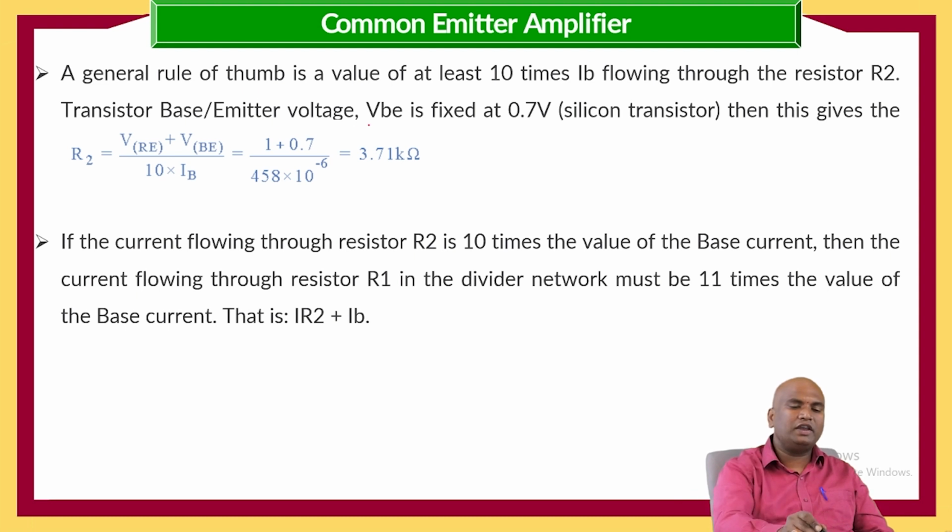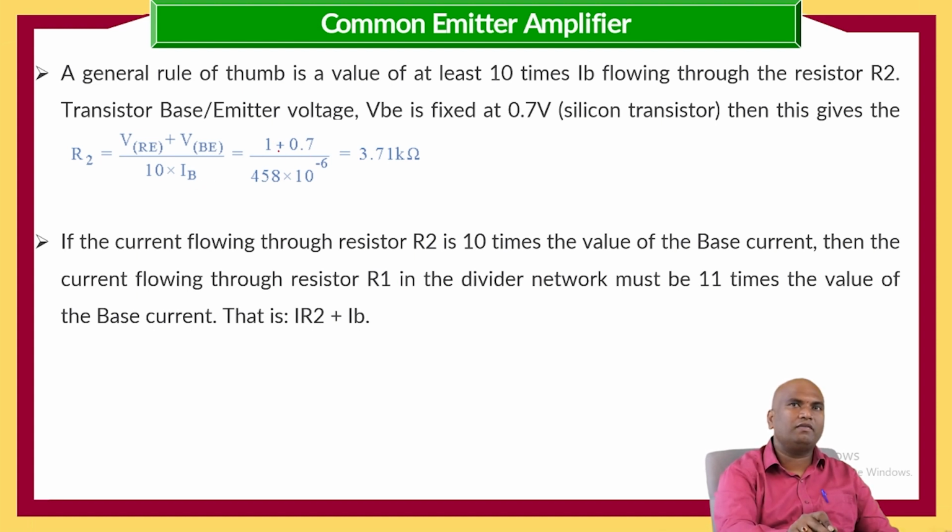The transistor base to emitter voltage is fixed at 0.7 volts, because this is the junction voltage required for a silicon transistor. This gives R2 equals (VRE plus VBE) by 10 times IB.